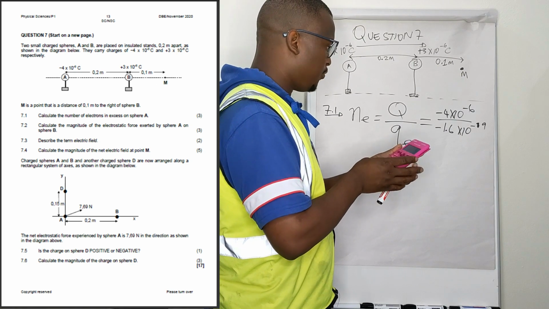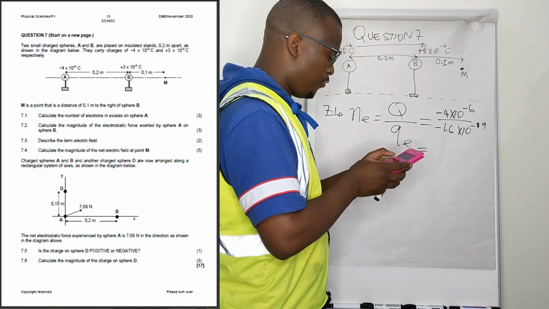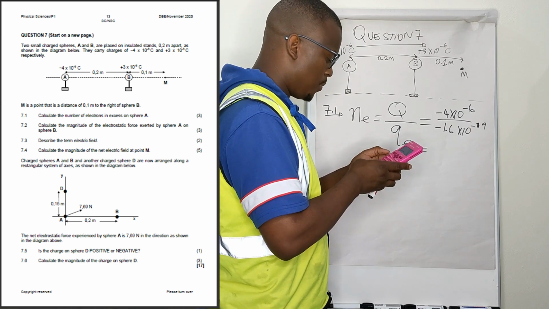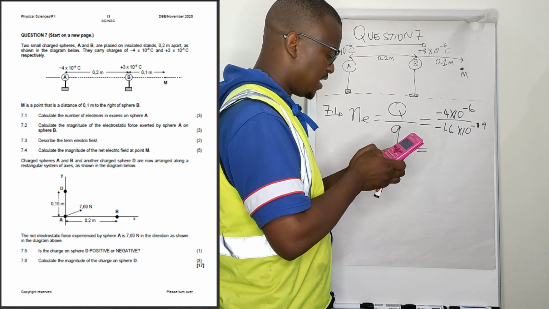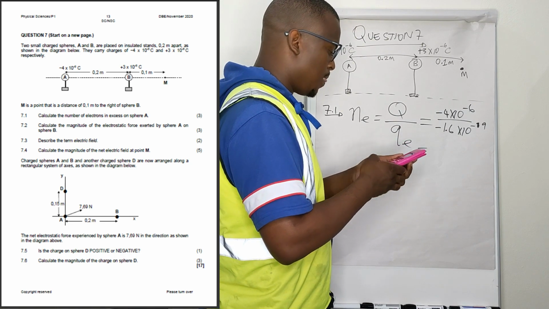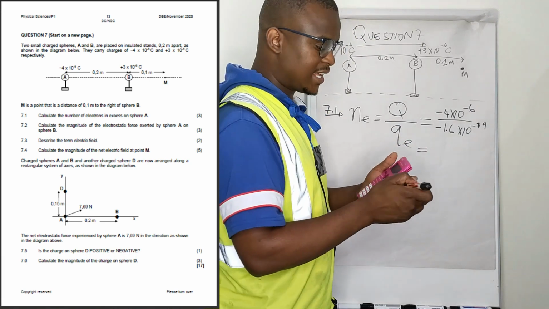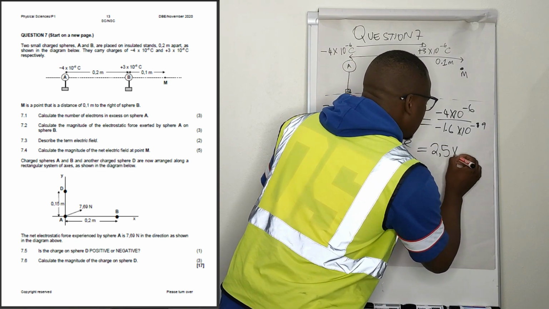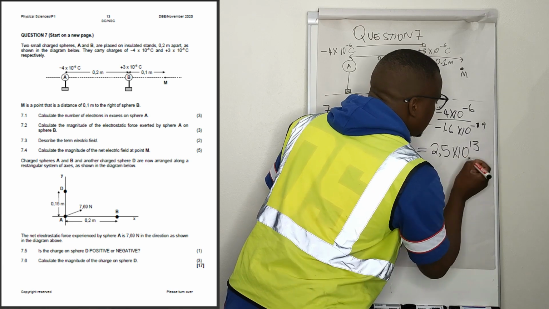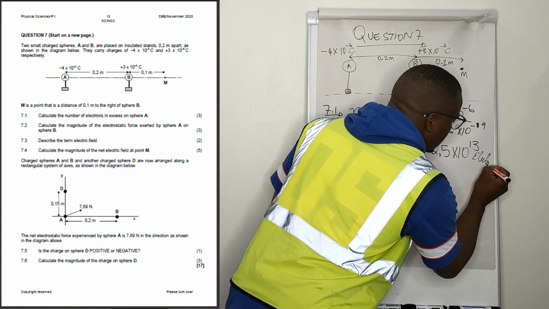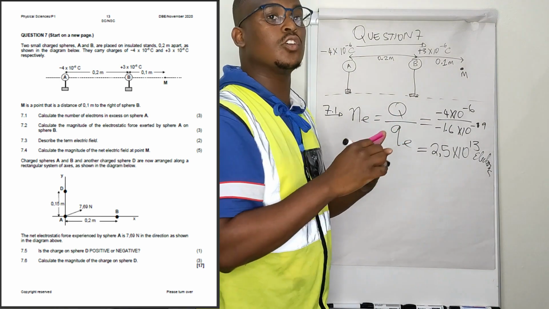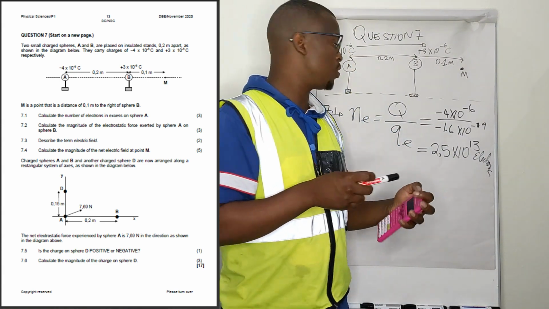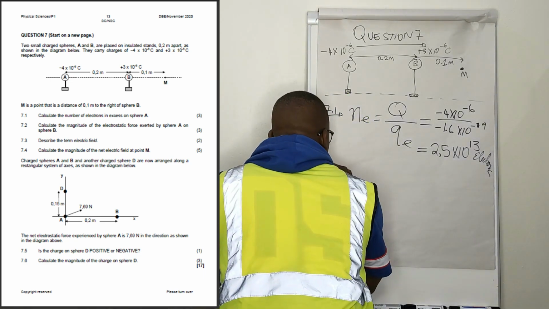Negative 4 times 10 to the minus 6 divided by negative 1.6 times 10 to the minus 19. So your number of excess electrons is 2.5 times 10 to the 13 electrons. This is the number of excess electrons on sphere A. So we go to the next question.